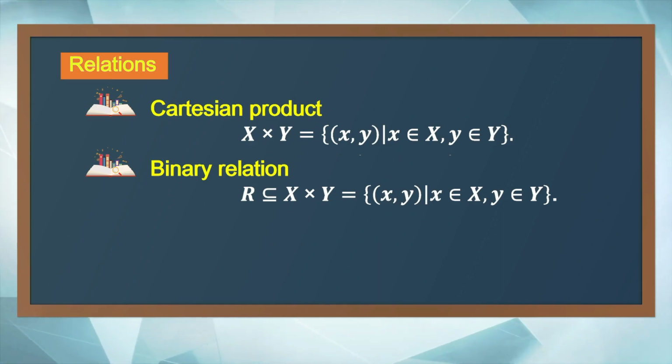Binary relations represent relations between the elements of the two sets. We often omit the word binary when there is no danger of confusion.